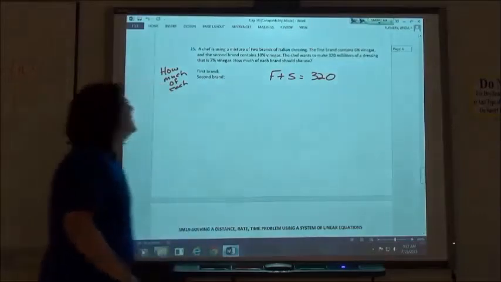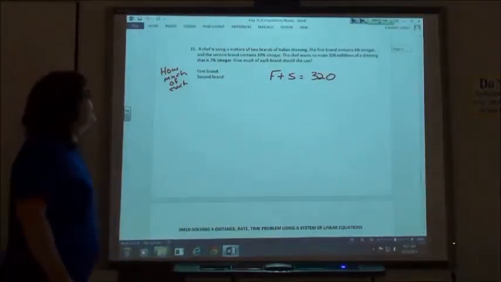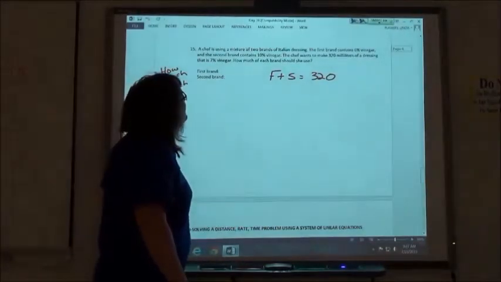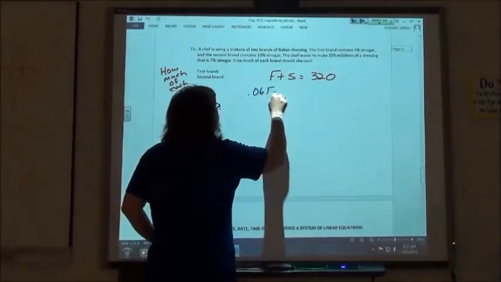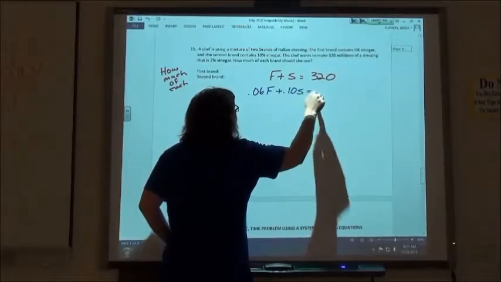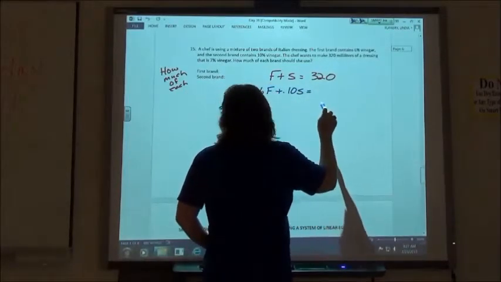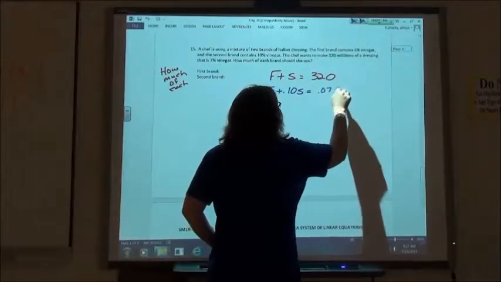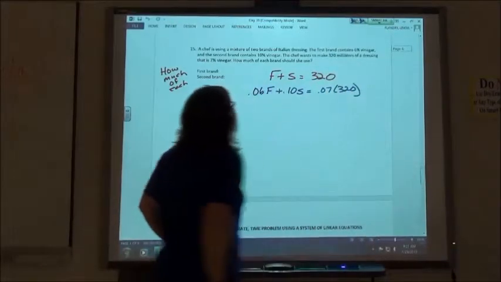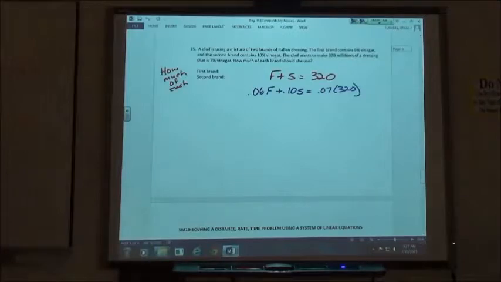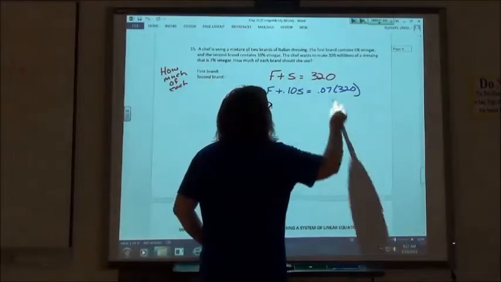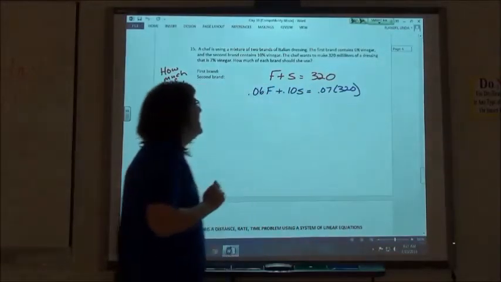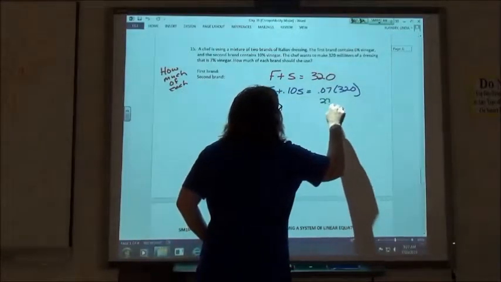My second equation: 6% of F plus 10% of S equals 7% of 320. And if we take 7% of 320, we end up with 22.4.